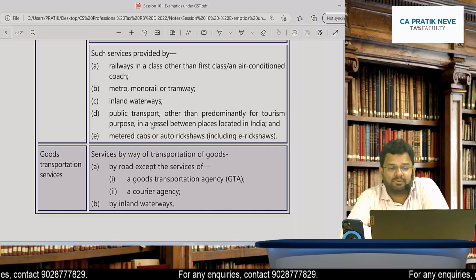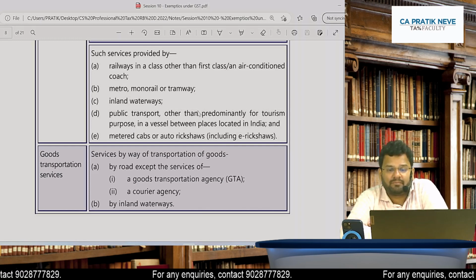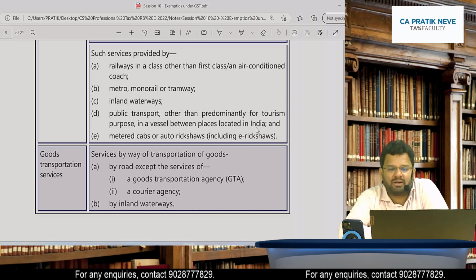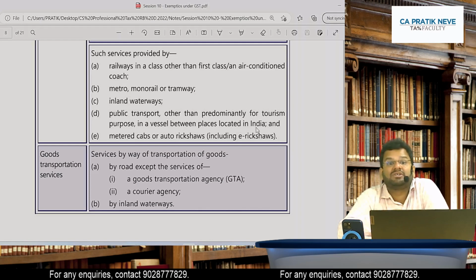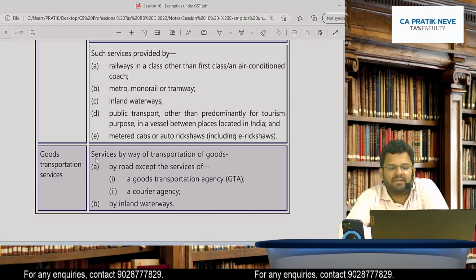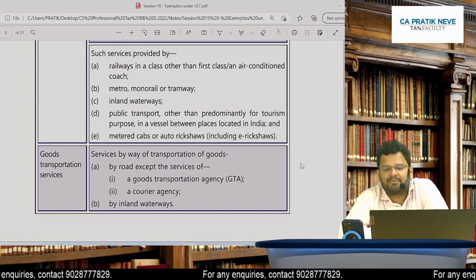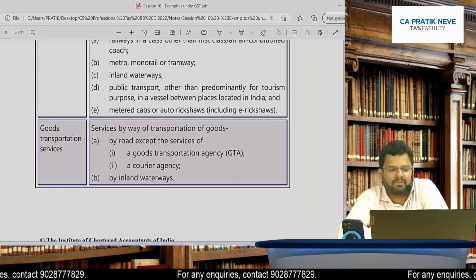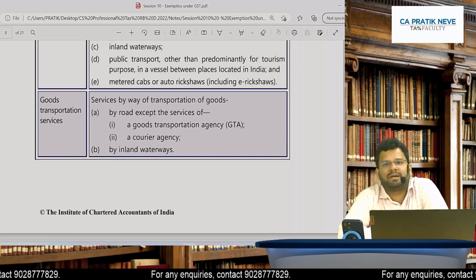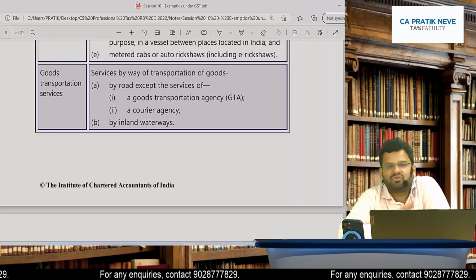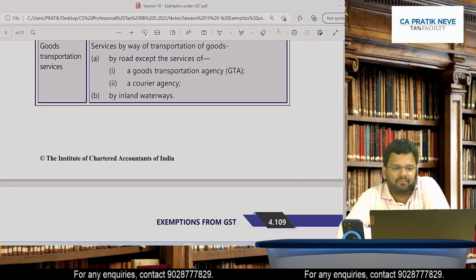And services provided by public transport other than predominantly for tourism purpose in a vessel between places located in India. Vessels, ship. And finally metered cabs and auto rickshaws. So metered cabs, auto rickshaws, whatever supply of service they give you, that will be exempt. That's very much in the unorganized sector, so we cannot tax them. Agreed?